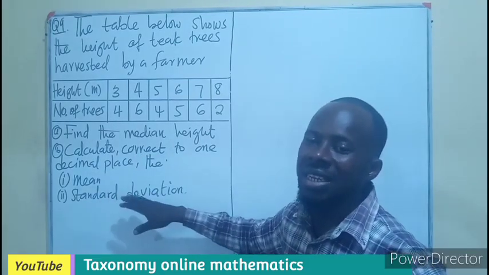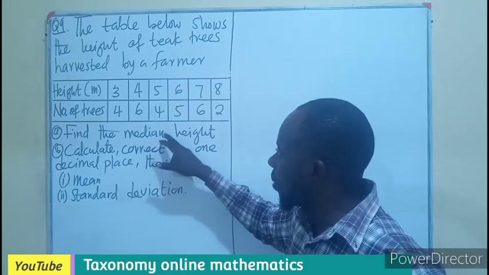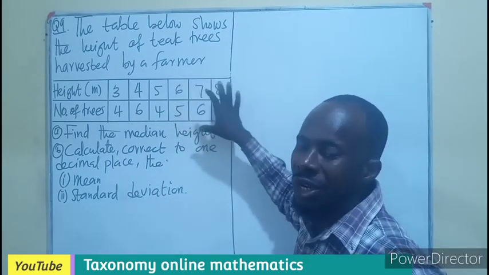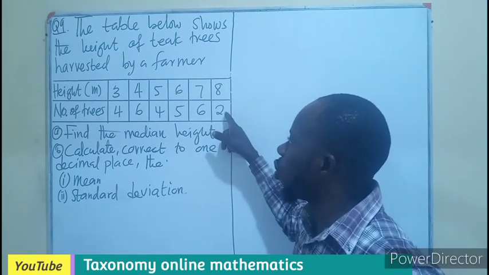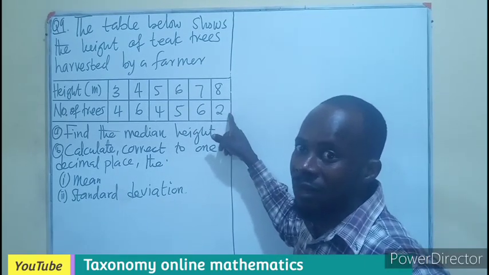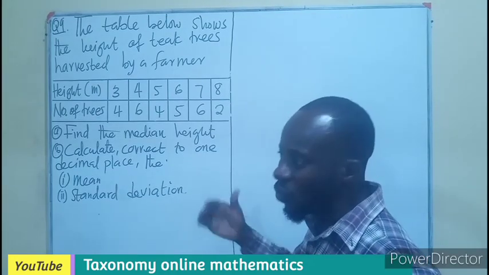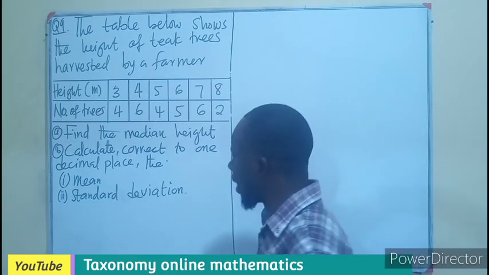and the standard deviation. For the median, we can find it without reconstructing a new table, just by knowing the total frequency. But let me first have the table, then we find the median from there.